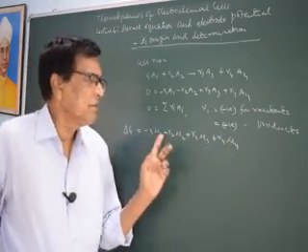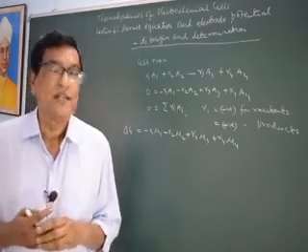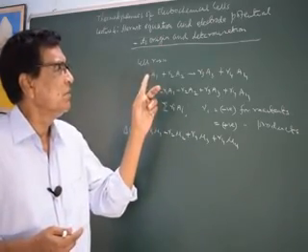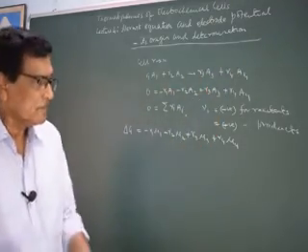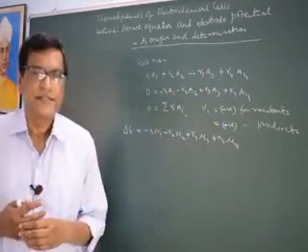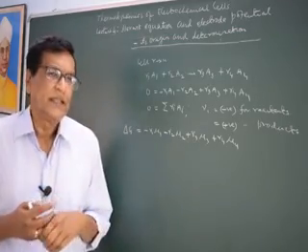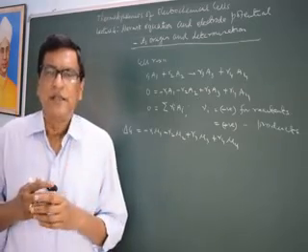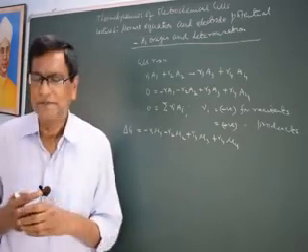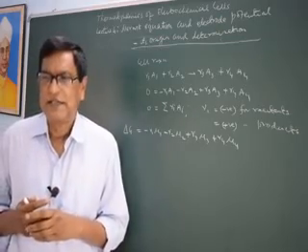This mu1, mu2, mu3, mu4 are the chemical potentials of these reacting components A1, A2, A3, A4. The chemical potential is a very important term in thermodynamics, and chemical potential actually means the partial molar free energy.